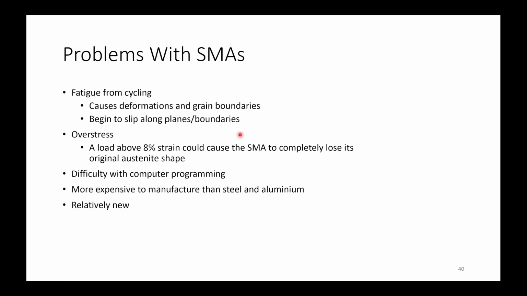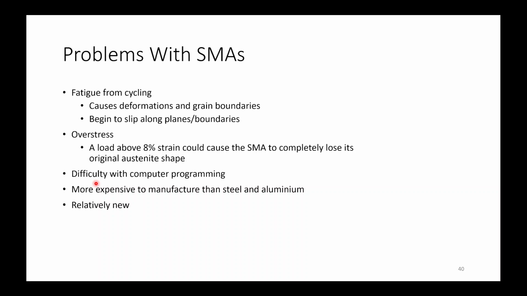Now problems with shape memory alloys. They show fatigue from cycling, so they can cause deformation and grain boundaries, and they begin to slip along planes and boundaries. And if we overstress, a load above 8% strain could cause the shape memory alloy to completely lose its original austenite shape.